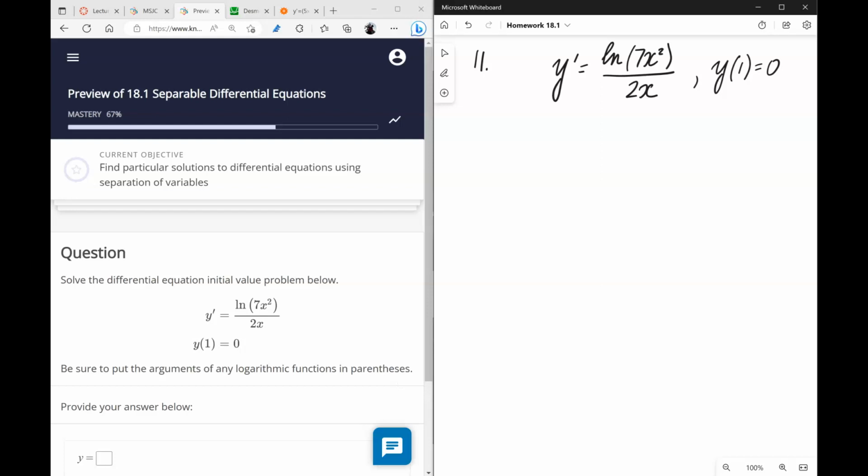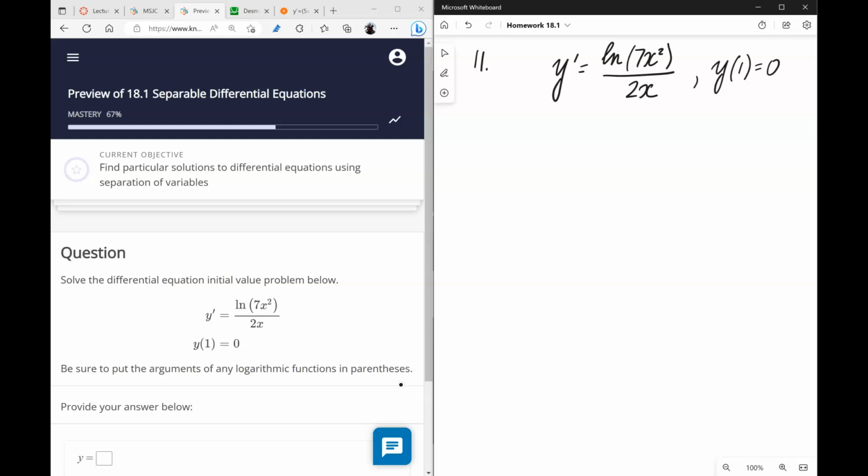And first step is always the same. We need to find the general solution. So in this case, it doesn't matter what the initial condition is. It doesn't affect how we find the general solution.